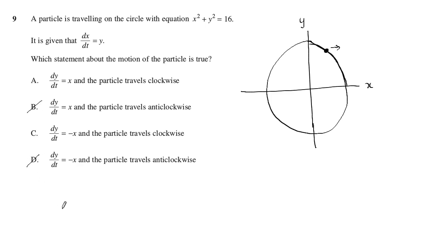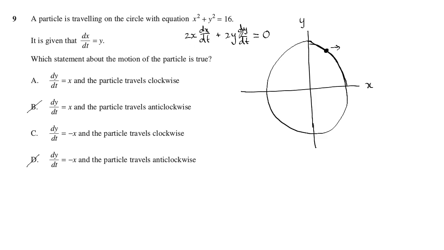And then we need to work out whether dy by dt is x or minus x. What we could do is differentiate this with respect to time. So you'd get 2x dx by dt plus 2y dy by dt. So I'm doing implicit differentiation here. If you haven't covered that yet, you might want to look that up.